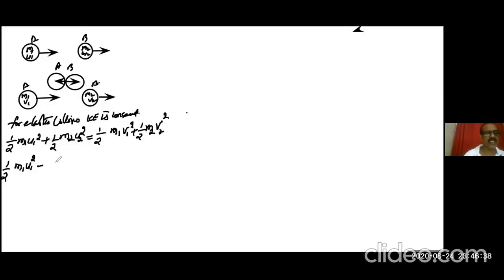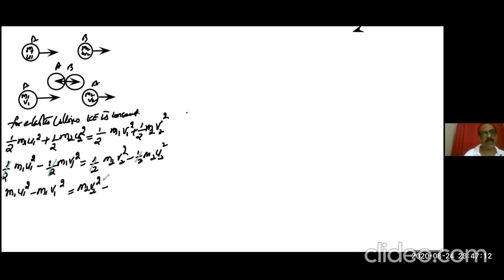Half m1 u1 squared minus half m1 v1 squared is equal to half m2 v2 squared minus half m2 u2 squared. So here half will cancel out. Then we get m1 u1 squared minus m1 v1 squared is equal to m2 v2 squared minus m2 u2 squared.